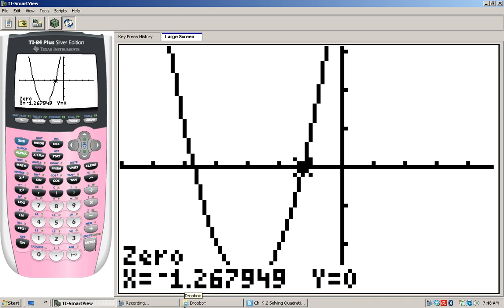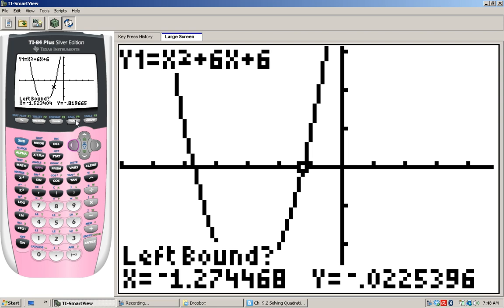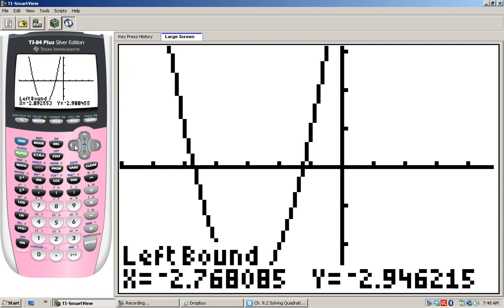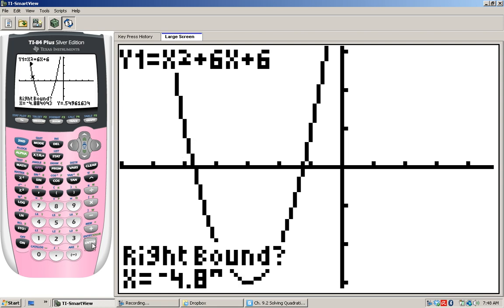Now we have to repeat this process to figure out our other unique solution. Again, we click second calc, or second trace, to get to the calculate menu, and click 2 for 0. Then we press left until we get to the left of our other intercept, and hit enter for the left boundary.